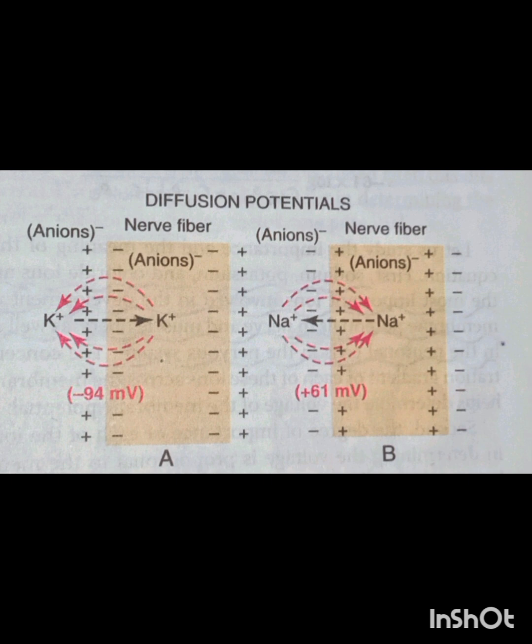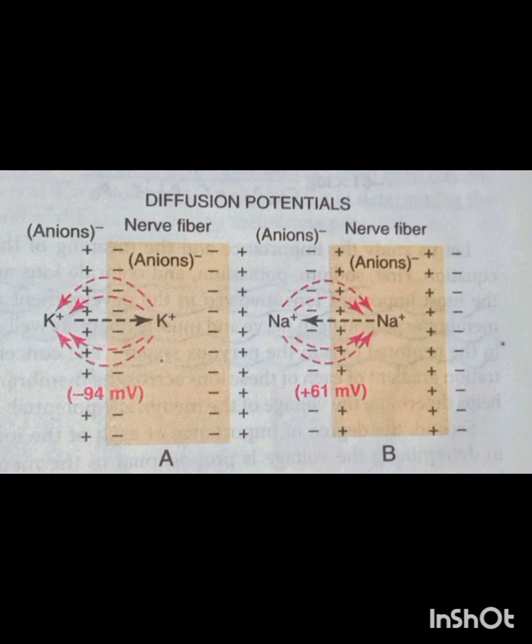There is no net movement of potassium to the outside of the membrane. So equilibrium comes in, and now we do not call it the diffusion potential of potassium, but the equilibrium potential, which is also known as the Nernst potential.